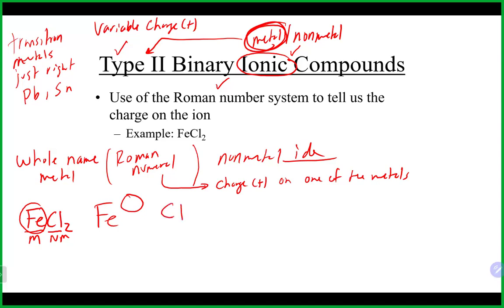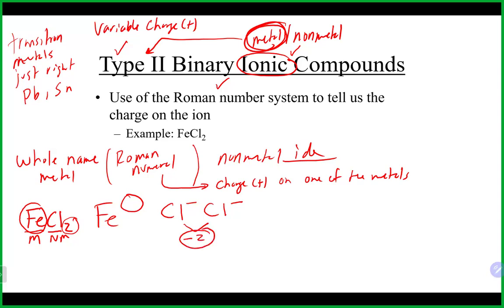And I do know that Cl is group number 7, which means it has a -1 charge. But how many Cl's are there in this formula? Not one, but 2. So that gives, for my negative charge, an overall charge of -2, 1 for each of them.